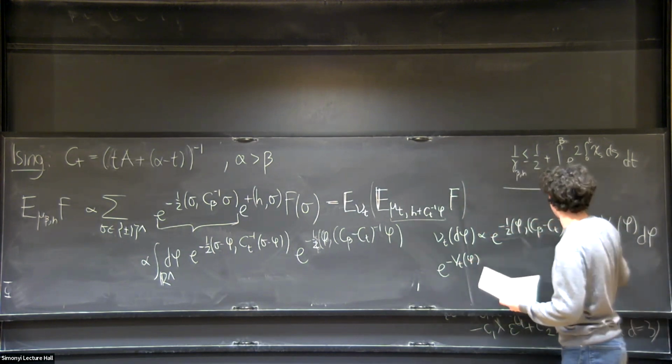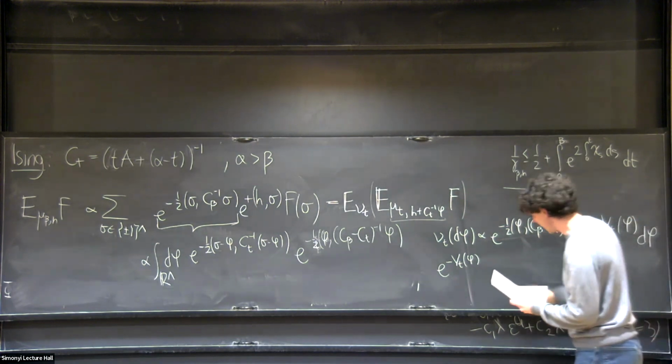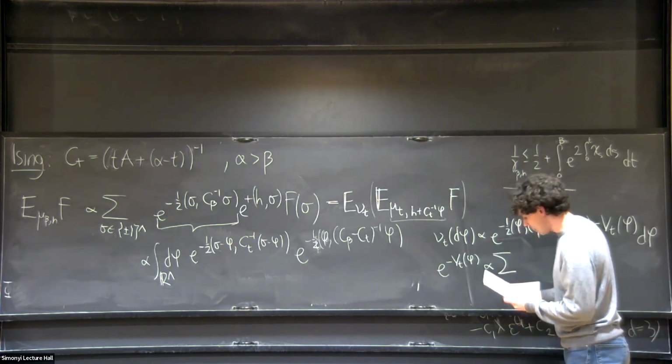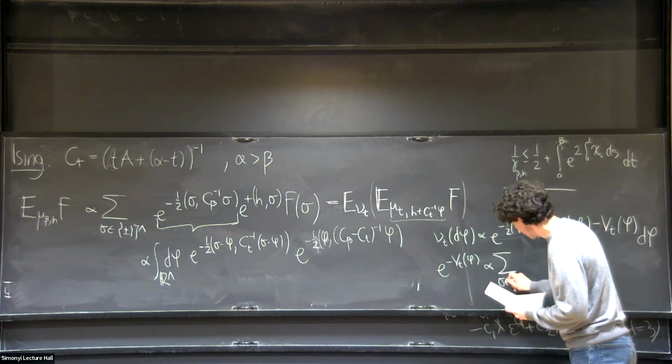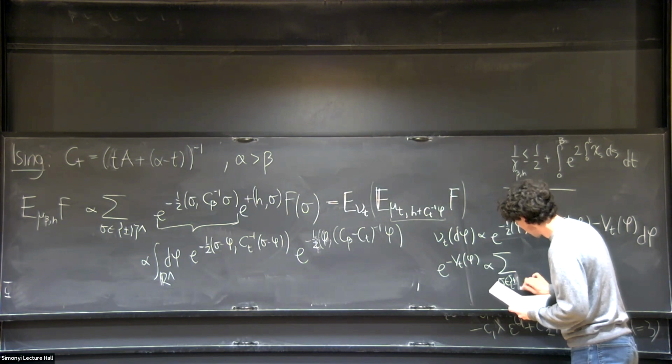So V_t of phi appearing in this equation is defined up to a constant, which doesn't matter, as it always cancels out. I'm systematically neglecting all constants that will cancel out.